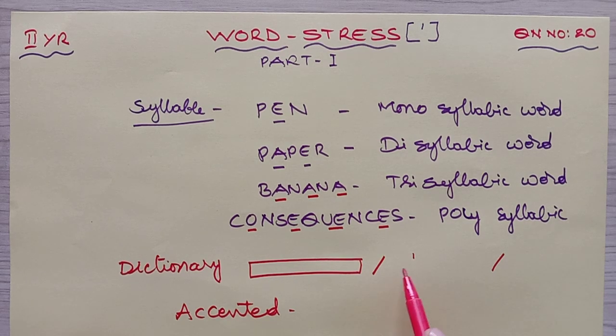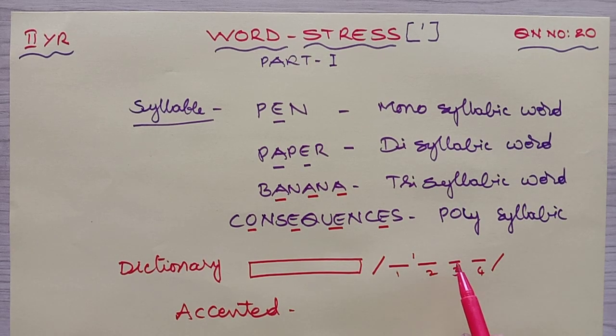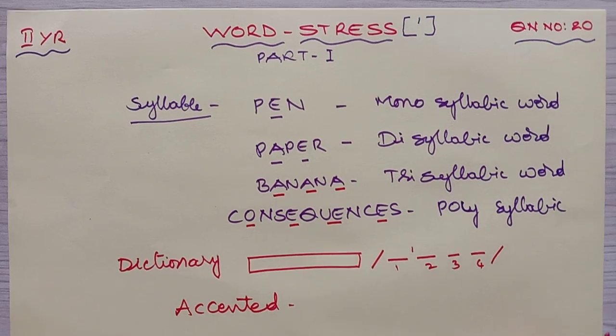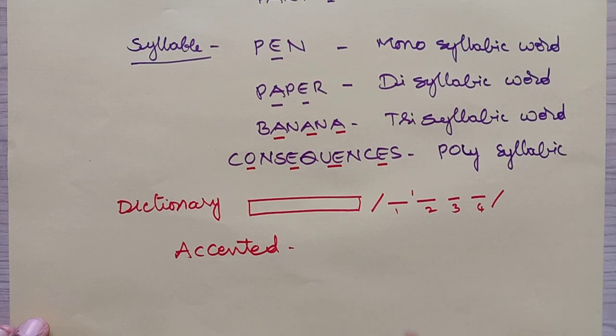For example, this is a four-syllable word. The stress is on the second syllable. We have to mark the stress at the beginning of the syllable, is it not? Now, to understand that this is an accented syllable, the stress marking goes like this.